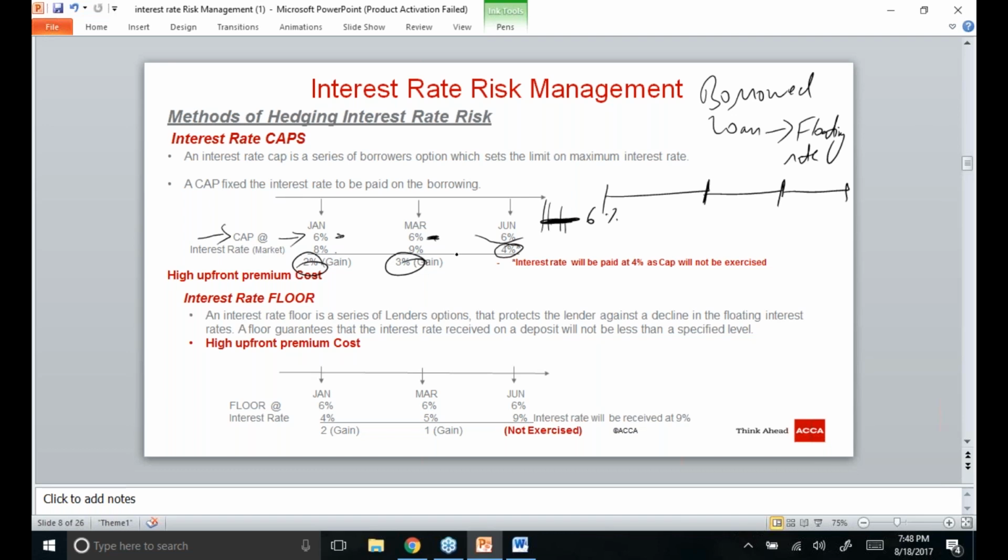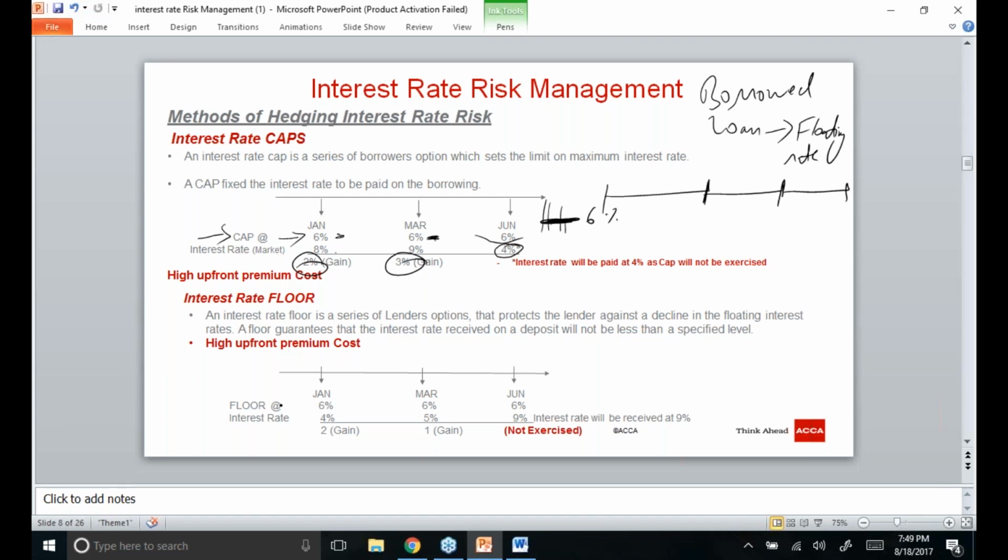Floor is a series of lender's options, and lenders always protect their minimum rate. So an interest rate floor is a series of lender's options that protects the lender against a decline in floating interest rates. So if you are a lender and you are expecting that interest rate can go down, you will buy a floor contract.